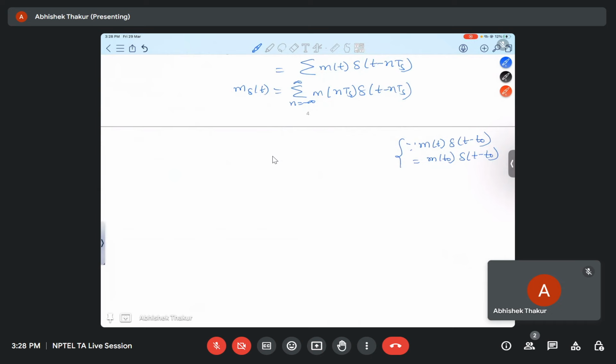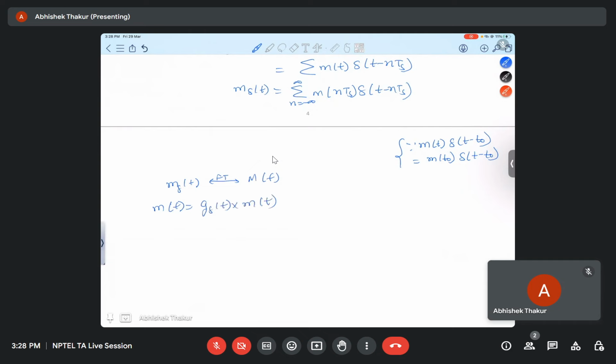Now let's suppose we take the Fourier transform of m(t). This becomes M(f). Also, the sampled signal is g(t) equal to delta(t) into m(t).